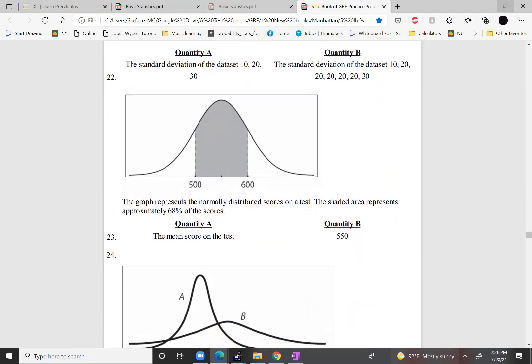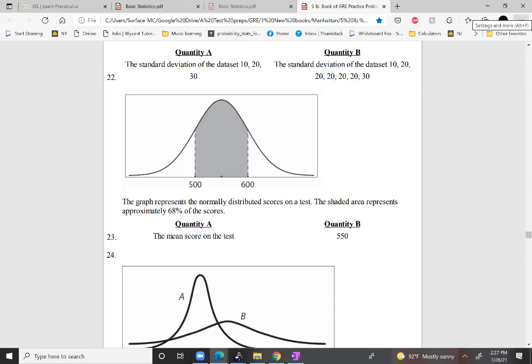Yeah, try 22. A is better or bigger. You're right.